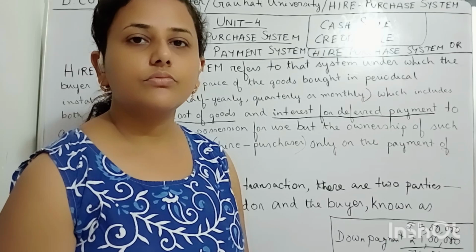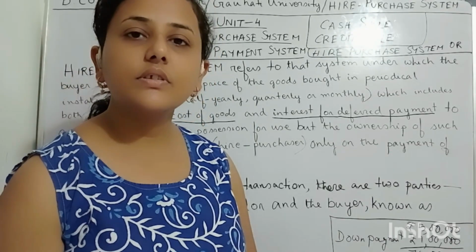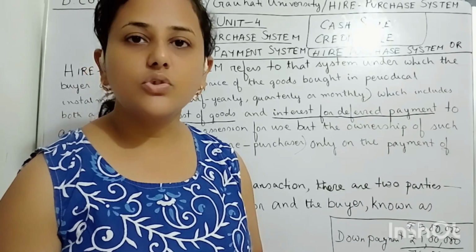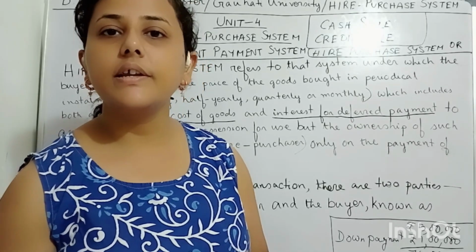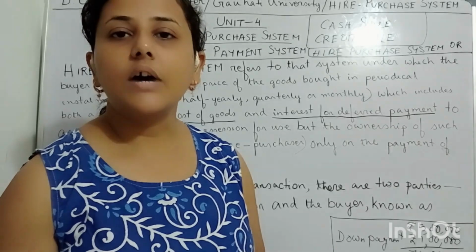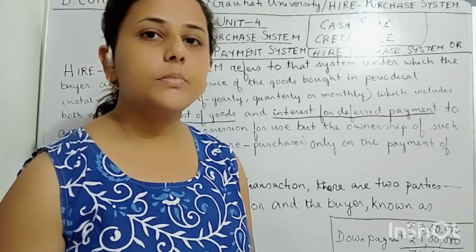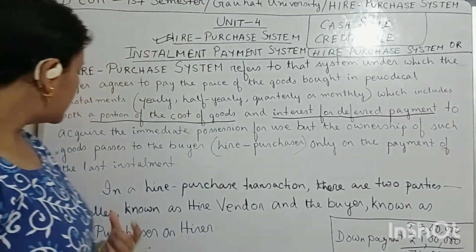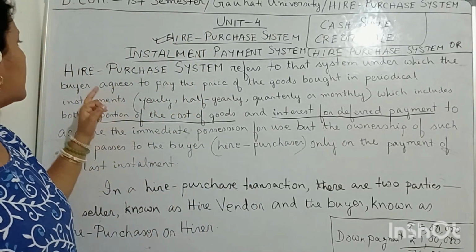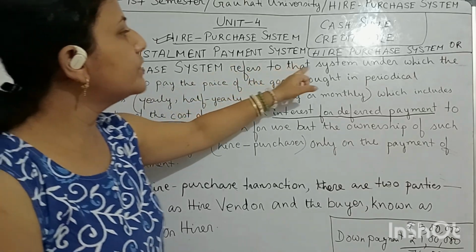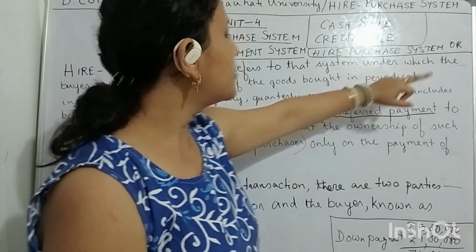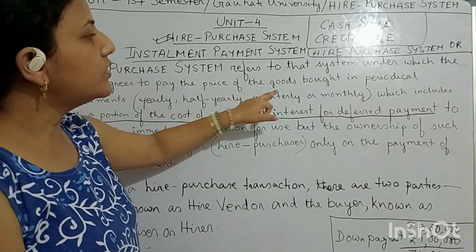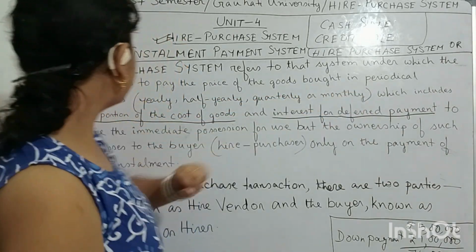Got it? Hire purchase system is payment of the price of the goods in installments. It can be yearly, half yearly, quarterly, or monthly. Now you see here, hire purchase system refers to that system under which the buyer agrees to pay the price of the goods bought in periodical installments.